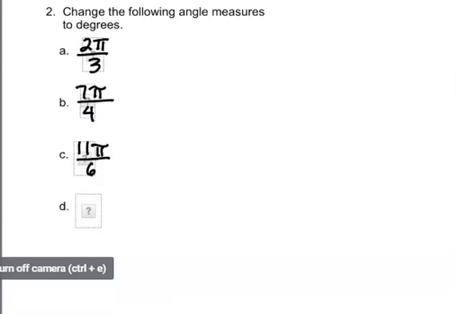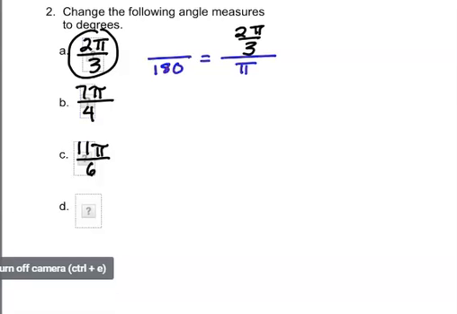Okay, so now we're going to convert radians to degrees, and we're going to do it the same way. We're still going to put 180 on the first denominator, pi in the second, but now because they gave me radians, I'm going to put 2 pi over 3 here, and I'm going to put x here. Now what happens when I put 2/3 pi over pi? The pi over pi crosses off, and I'm just left with a fraction of 2/3.